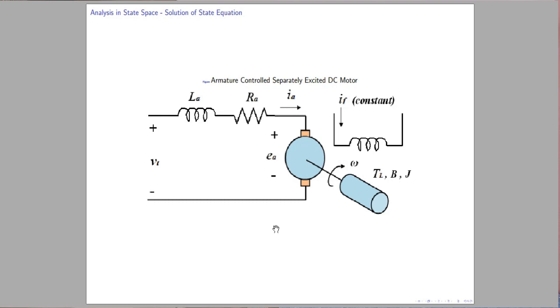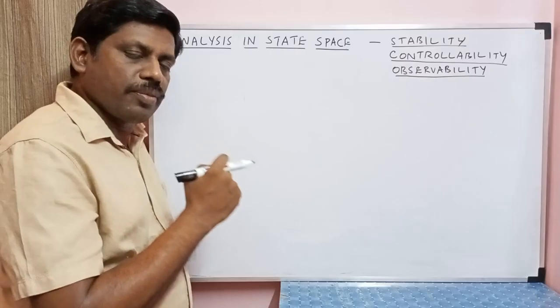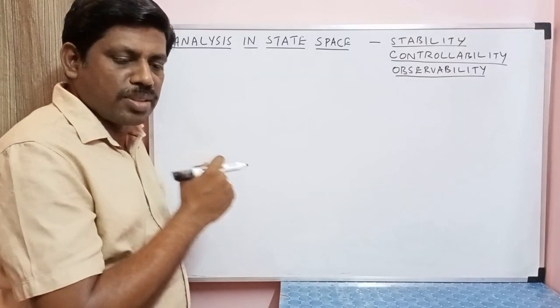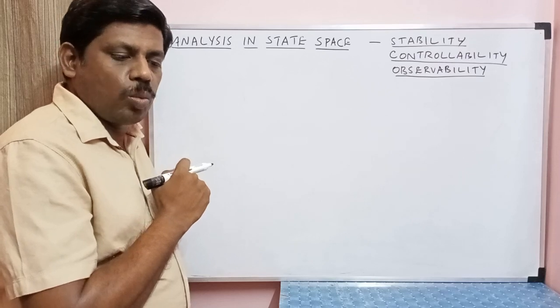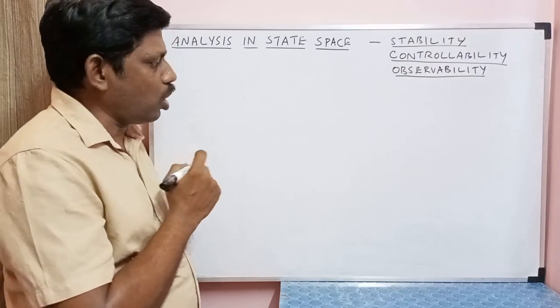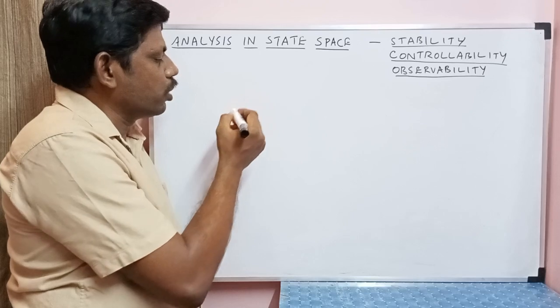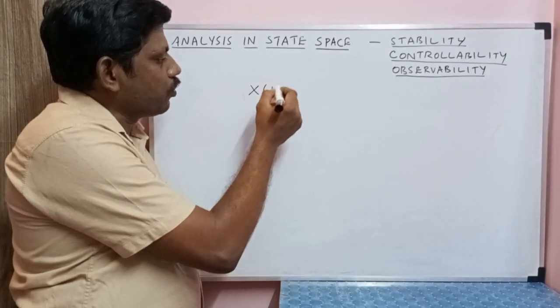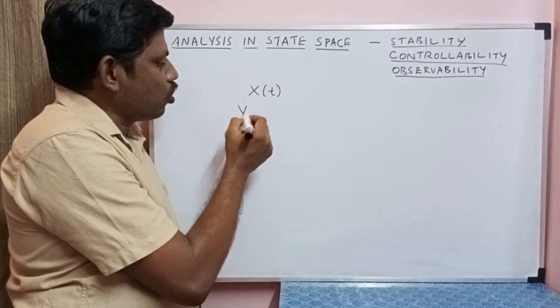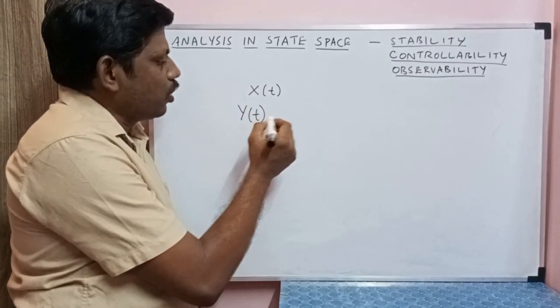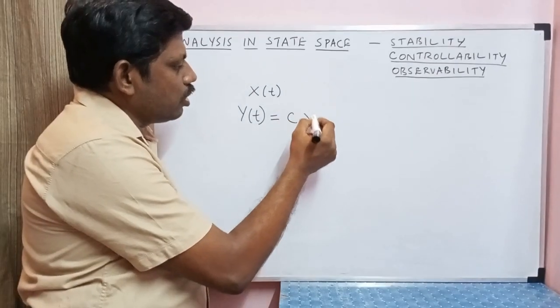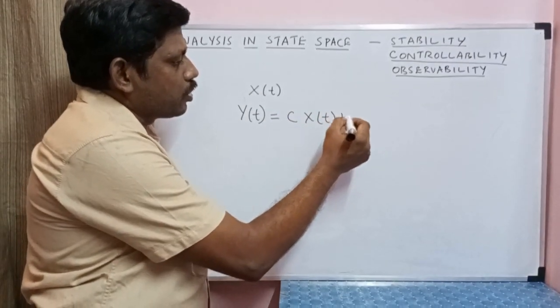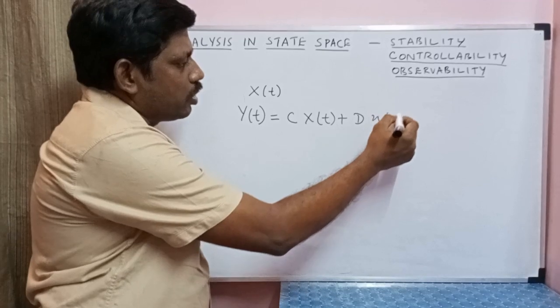For any system, we can find the state response, or the response of the system, in this manner, and we can calculate even the output. If we have x of t as a solution, the output can be written as y of t is equal to C x of t plus D u of t.